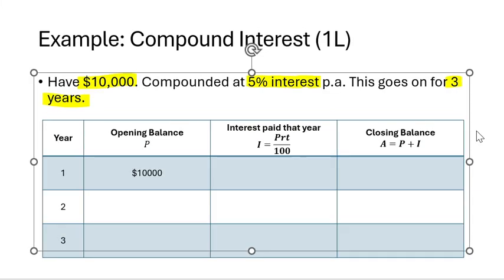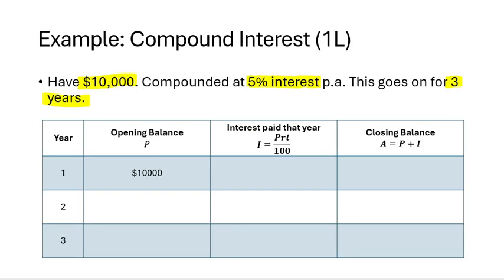So I'll just do I equals 10,000 times 5 times 1. Most importantly, the thing that changes now is your time that you substitute in your interest formula.